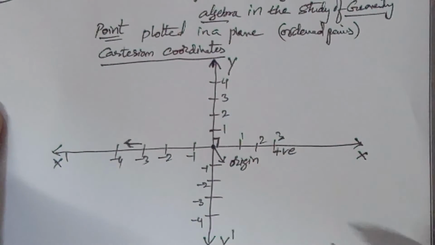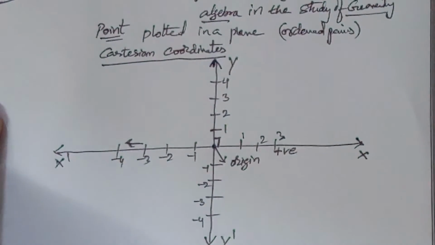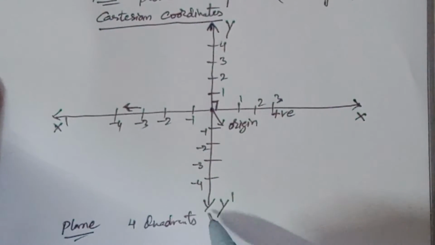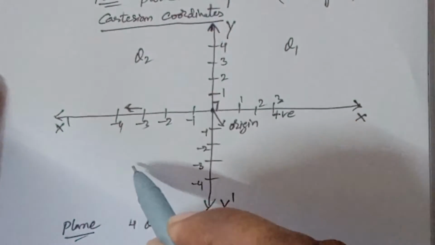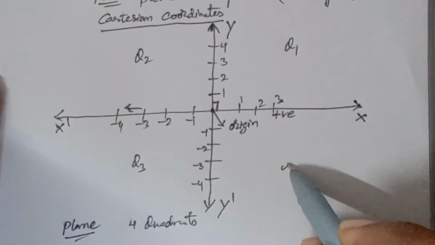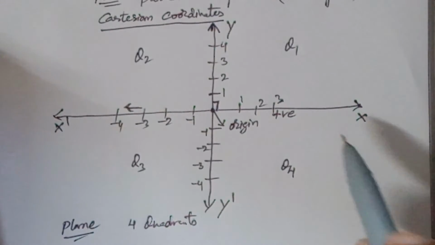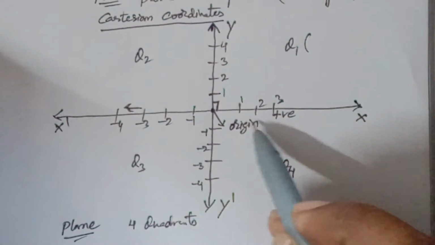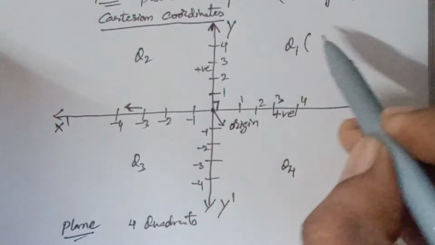René Descartes divided the plane into four quadrants, each called Q1, Q2, Q3, and Q4. In the first quadrant, x is positive and y is also positive.